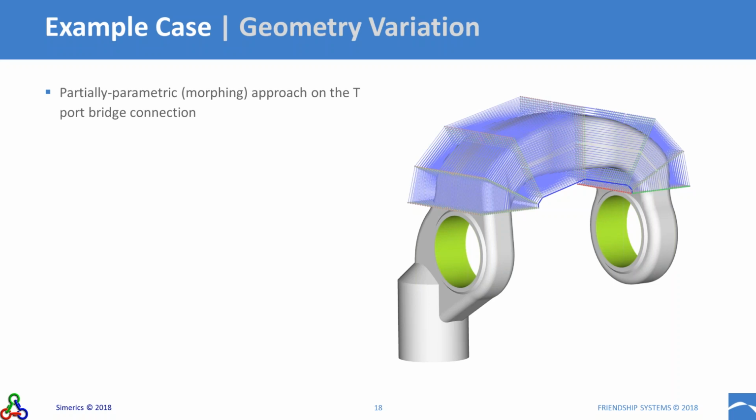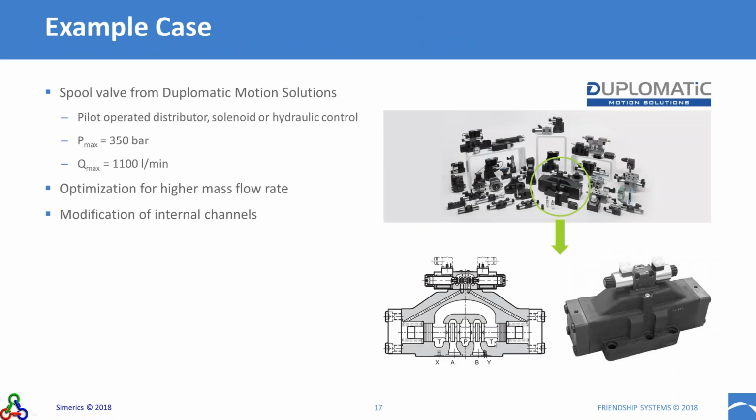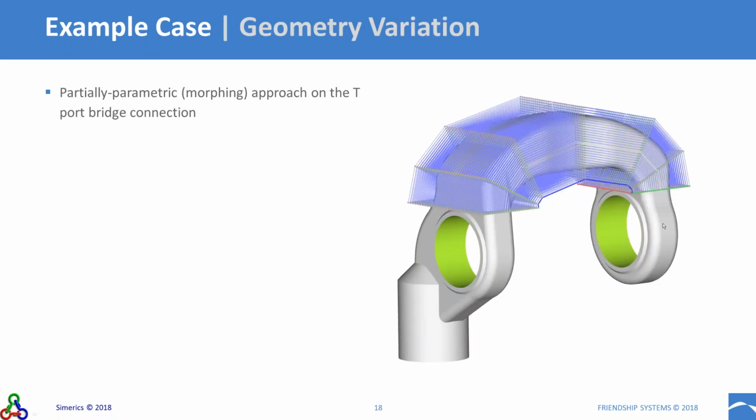And this is what we did here for the so-called T-port bridge connection. Here at the bottom, the cylinder is the T-port of the valve. I think we can see it here in the picture, denoted by the letter T. And then we have this bridge connection that connects both sides of the valve.